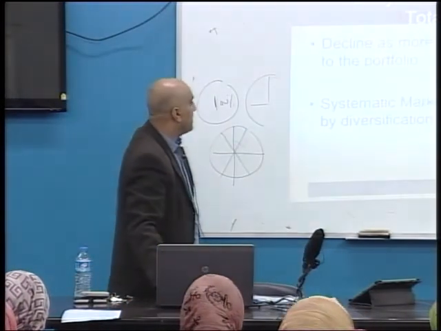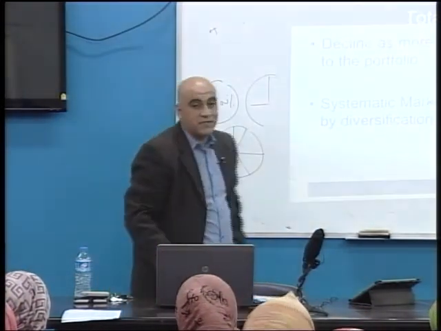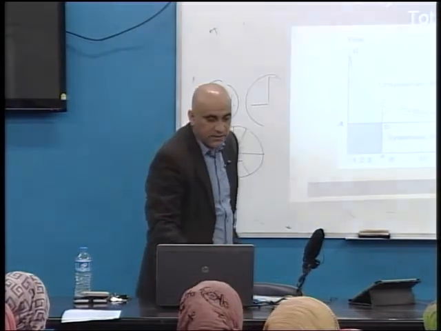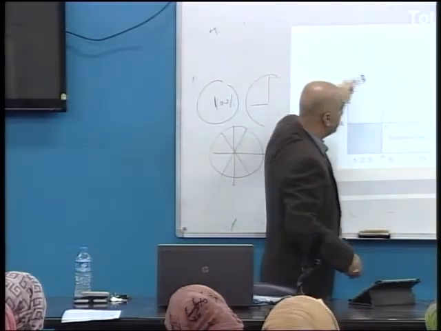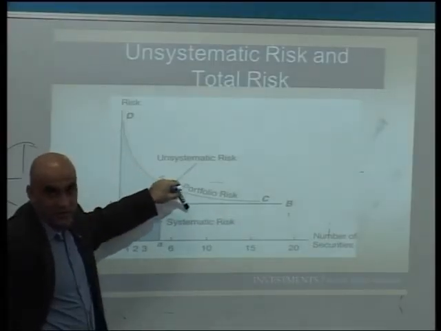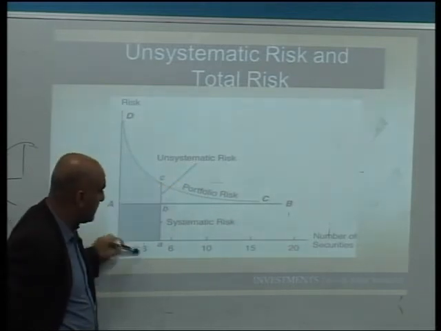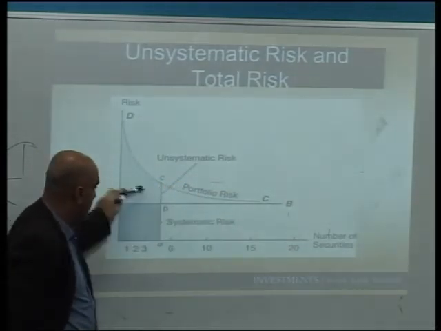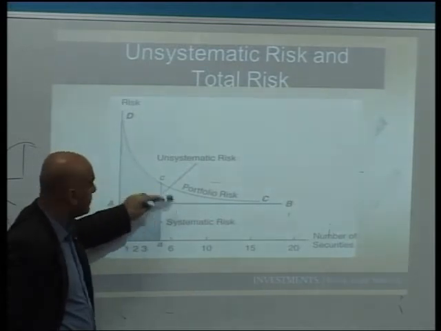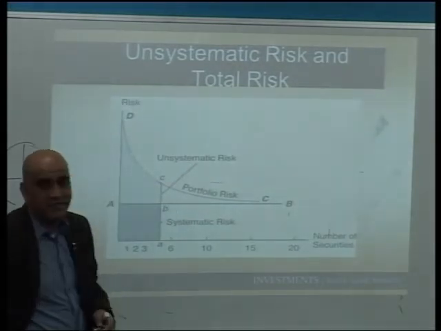So systematic market risk is not affected by diversification. Okay, it's fixed. Yes, I explained this. As more securities are added to our portfolio, the individual risk, or the unsystematic risk, decreased.